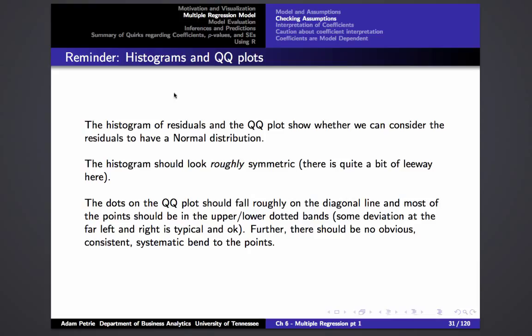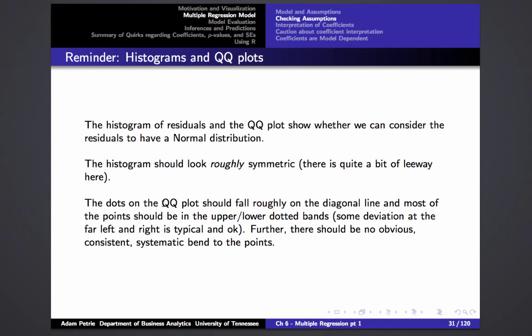Let's just remind ourselves of how we work with the histograms and QQ plots of the residuals. These are used to check whether or not the residuals have an overall normal distribution, if the distribution of the deviations of individuals from the average is well described by a normal curve. And remember, what we're looking for is that the histogram needs to be roughly symmetric, and there's really quite a bit of leeway with respect to this.